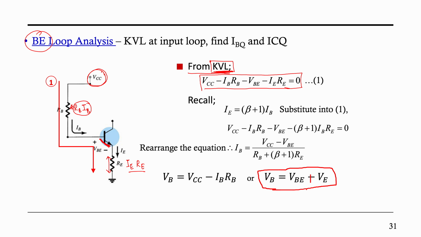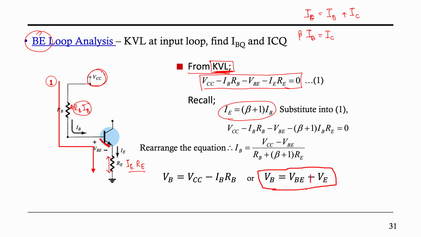Next, we need to recall the main formula, from which we know that IE is equal to IB plus IC. This is our main formula, right? And beta IB is equal to IC.